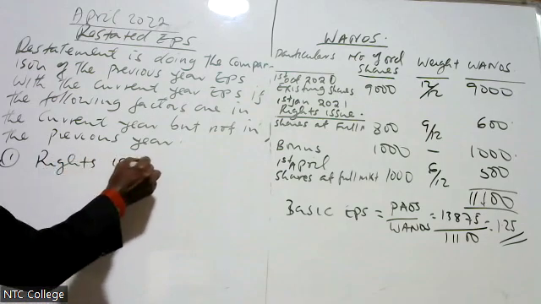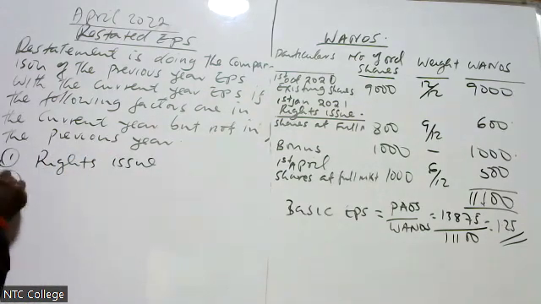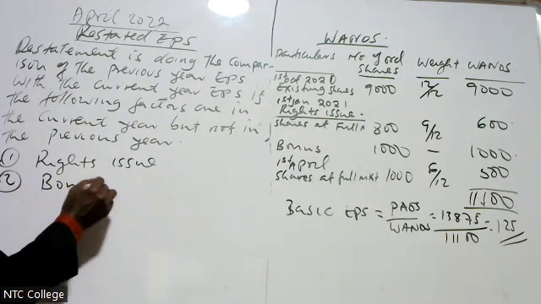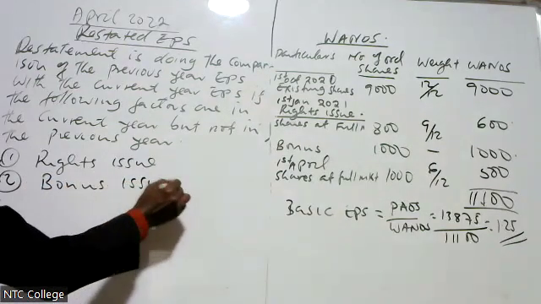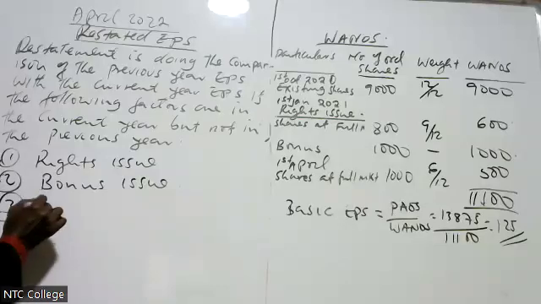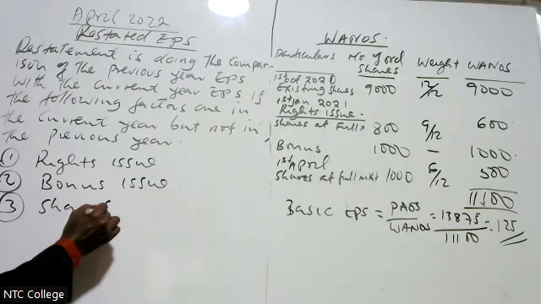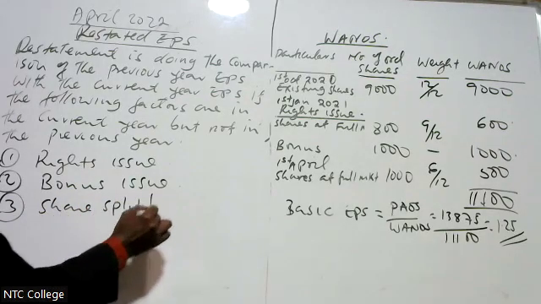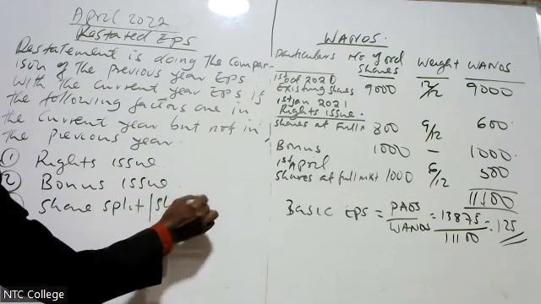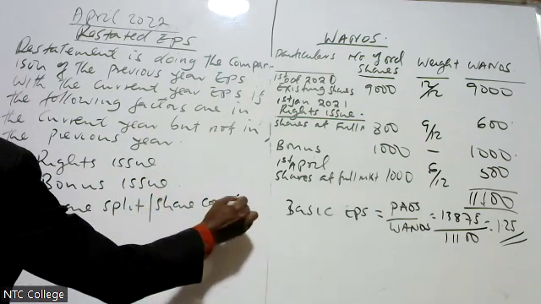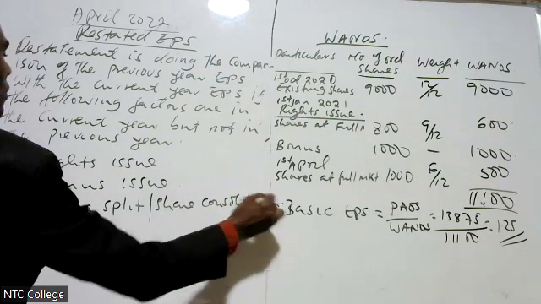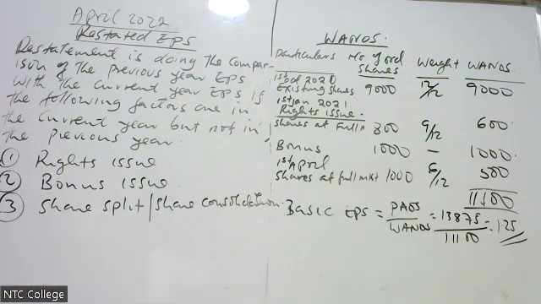Factor number two is the bonus issue. Then factor number three is share split or share consolidation.